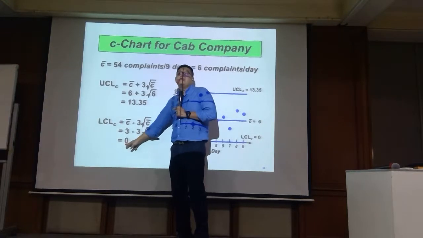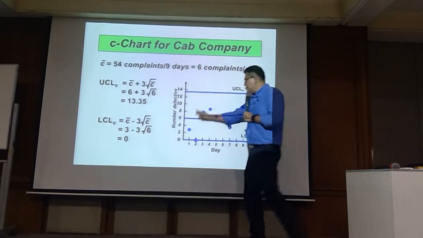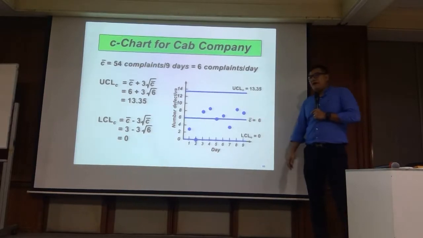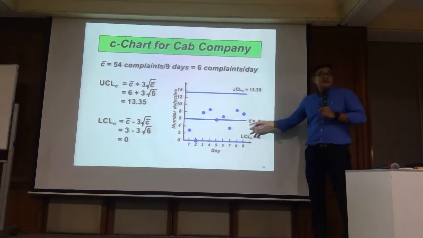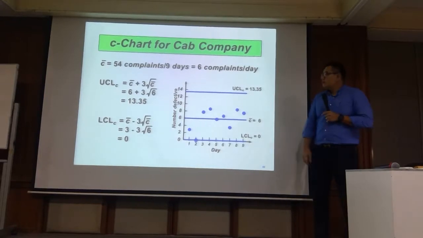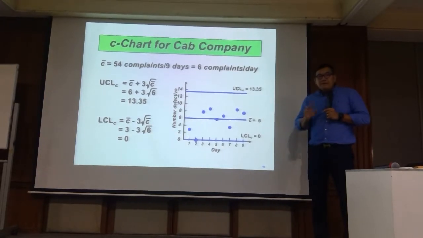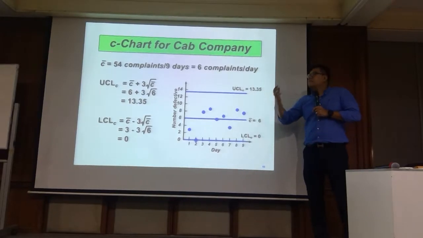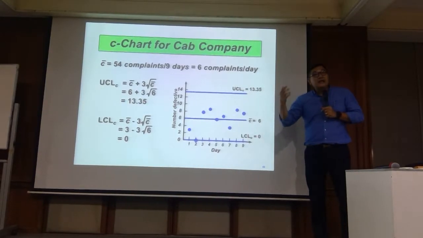But then we use 0. So then we're plotting, and there is no point out of the control limit. So in this case, the process is in control. In this example, we're using the C chart because we measure complaints per day.